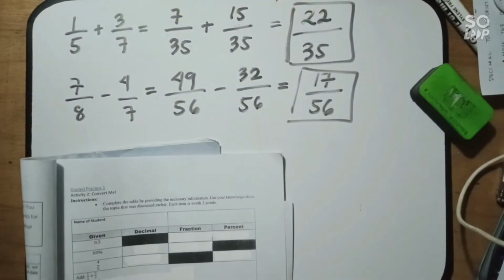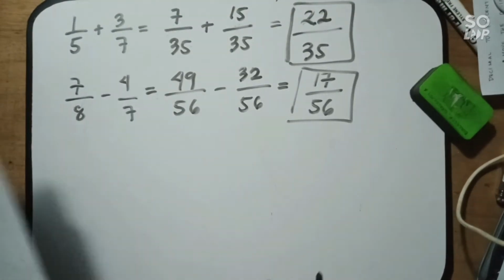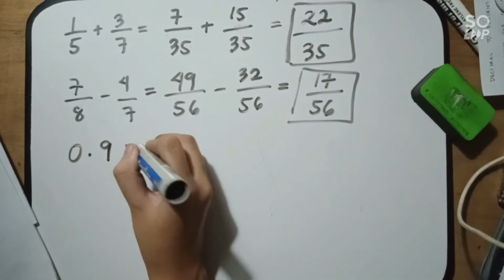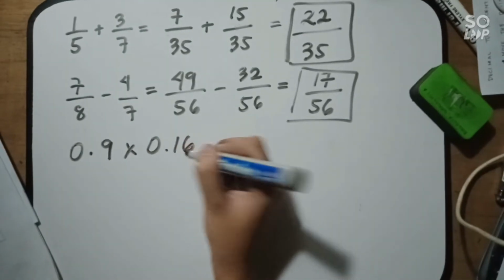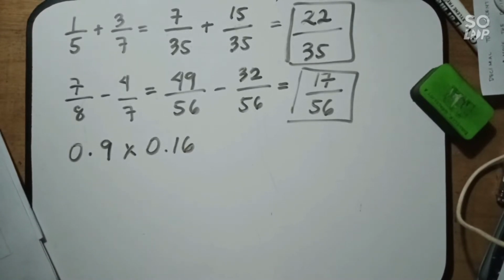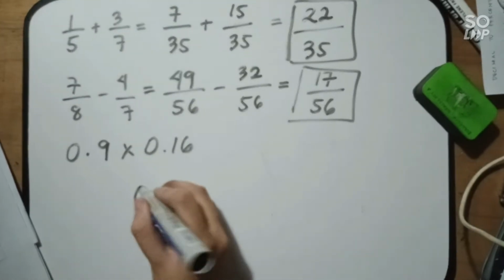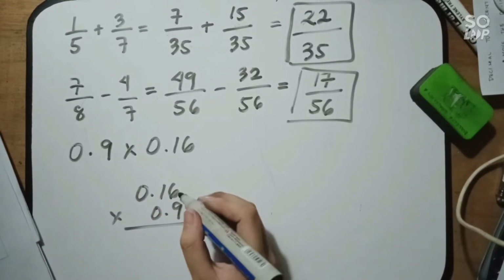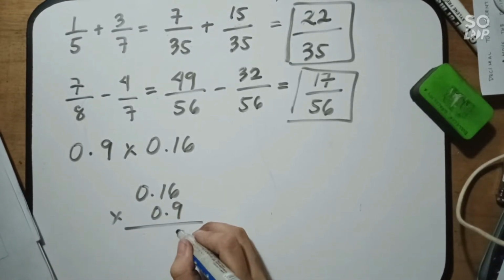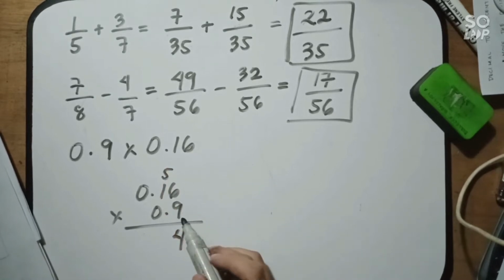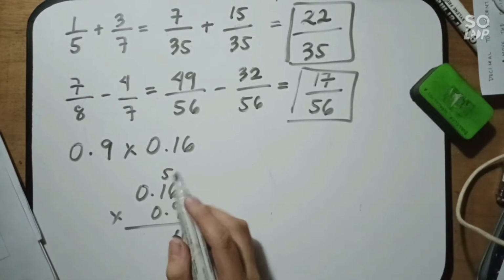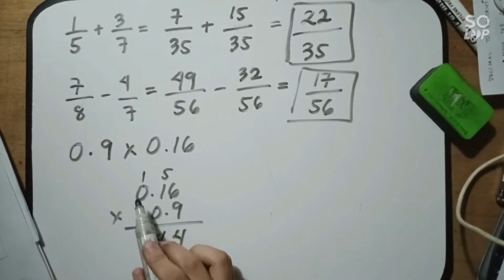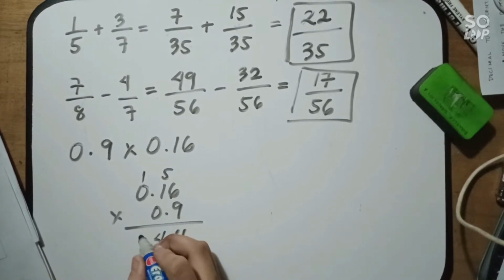For the operations involving multiplication, in the given, multiply 0.9 times 0.16. In multiplying decimals, we just simply multiply. So 0.16 times 0.9. So 6 times 9 is 54. So 4 carry 5. 9 times 1 is 9 plus 5, 14. So carry 1. 9 times 0 is 0 plus 1 is 1.